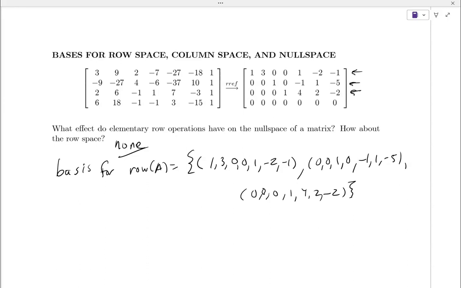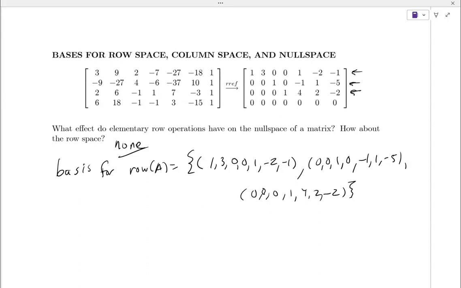That's all you have to do. Start with your matrix, row reduce it. The rows that are left form your basis. Because again, elementary row operations don't change the row space at all. All you're doing are linear combinations of your rows to get from one to the other.